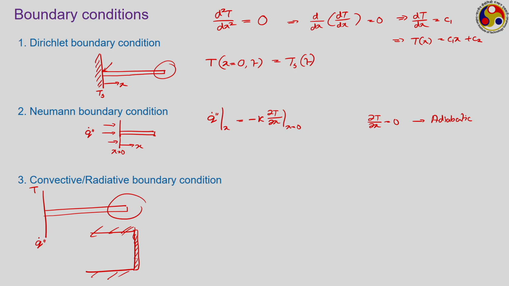How can we get it? Let us say this location is referred to as x equal to L. Now, what will happen? On the left hand side of this x equal to L, I am talking about this side, what is the mode of heat transfer? Mode of heat transfer is conduction. What is the mode of heat transfer here? Mode of heat transfer is convection, and under steady state condition, these two should balance each other.